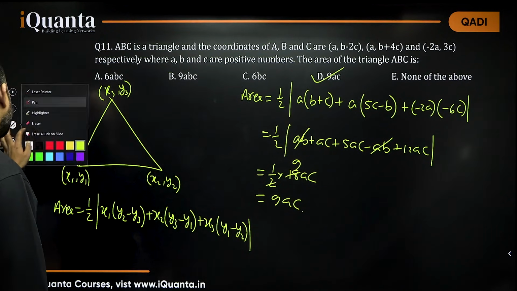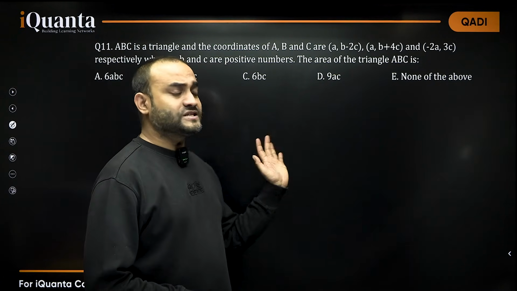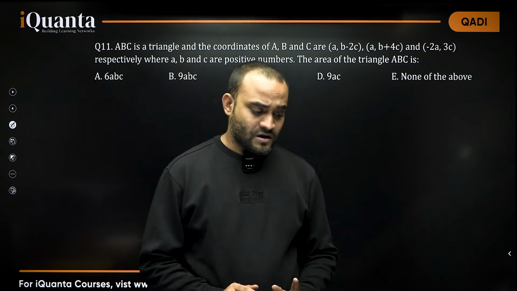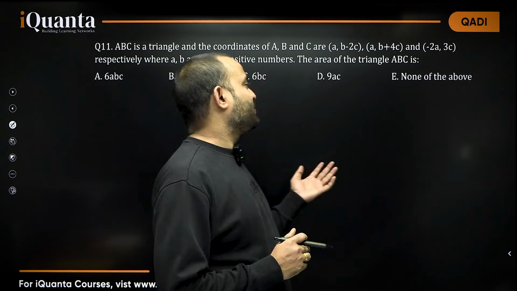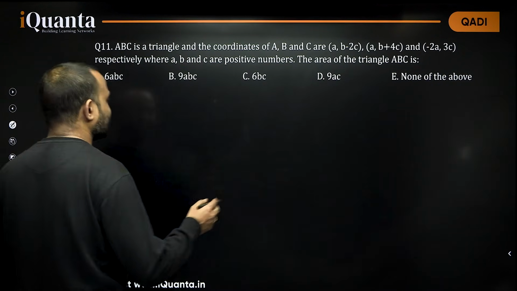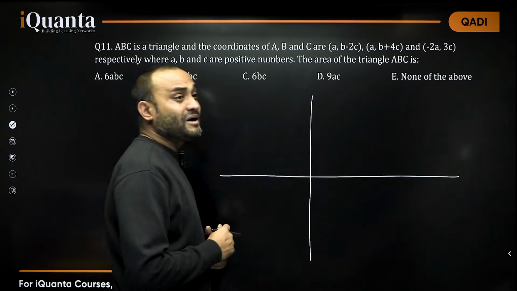Now there is another way to solve questions whenever coordinates are given. Although this method is completely safe, you don't have to worry about it, but if coordinates are given like this, we can try to imagine this on number line as well.